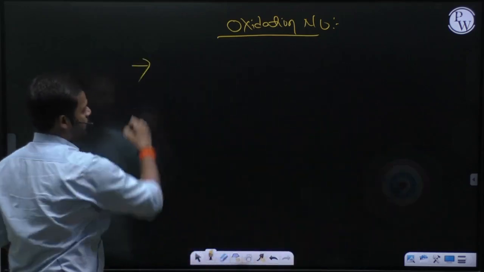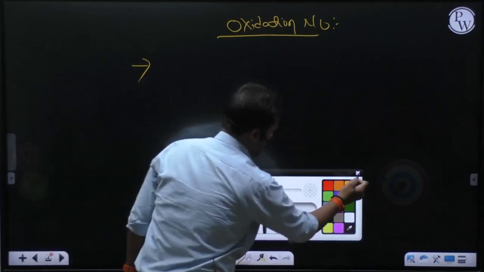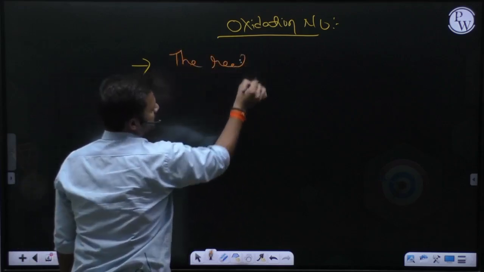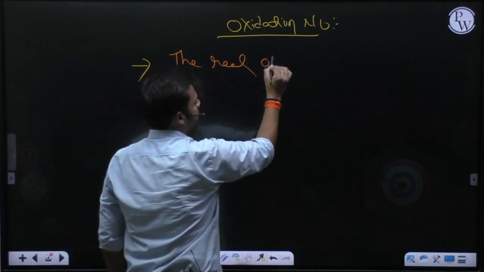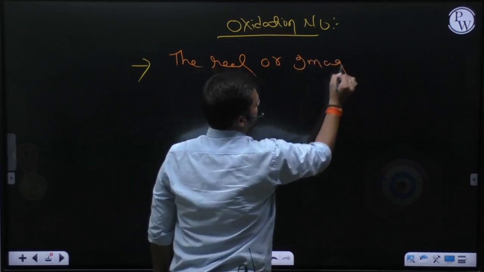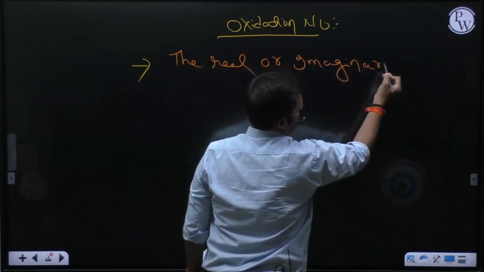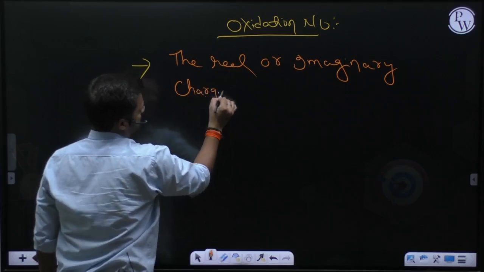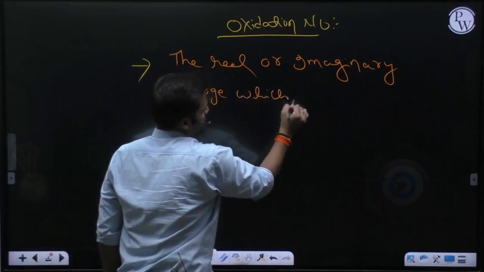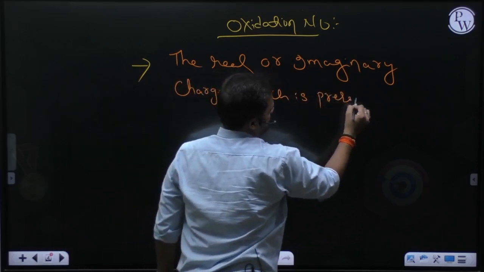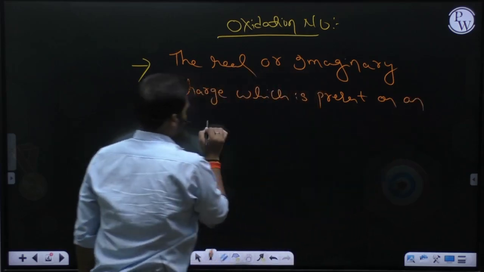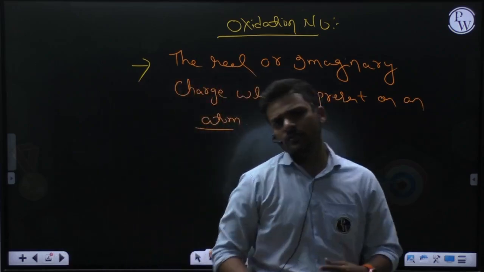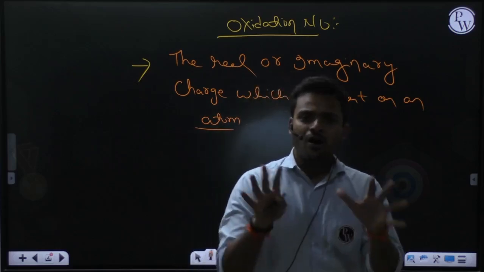I hope you got the point. Whatever the real or imaginary charge is present on an atom, it is called its oxidation number.